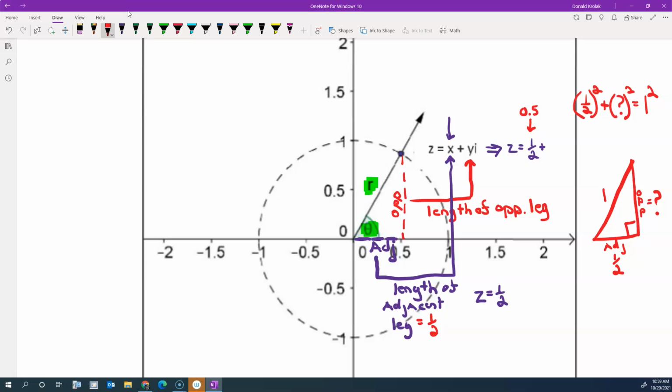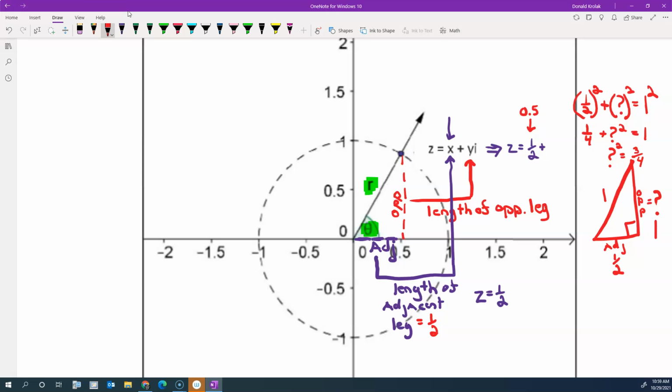So 1/2 times 1/2 is 1/4. Then I'm going to subtract 1/4. So 1 minus 1/4 is 3/4. And now I'm going to take the square root.